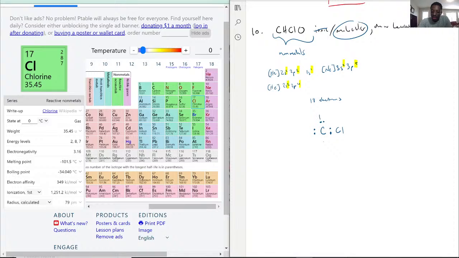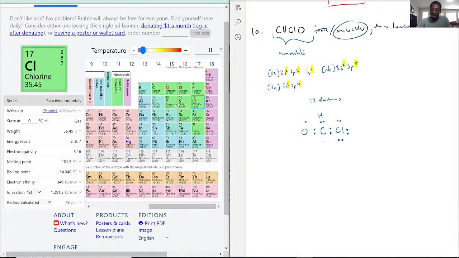So Cl, H, and O. Chlorine likes 7 in its valence electrons, and it's only sharing 1 of its 7. So 2, 3, 4, 5, 6, 7. Hydrogen is already sharing 1 of its 1. Oxygen is sharing right now 1 of its 6.